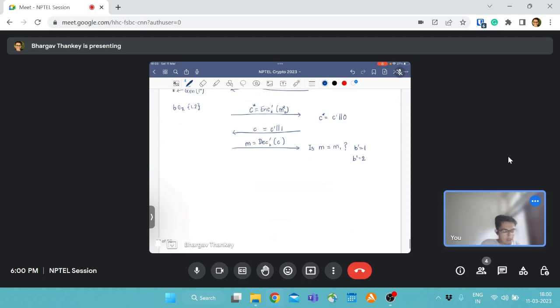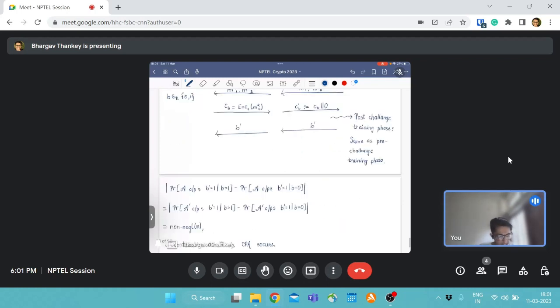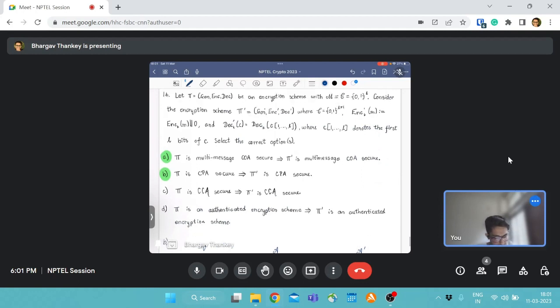Okay, so now my claim is that this probability is 1. And this is because of the following reason. Look at what the decryption scheme is doing. It's completely ignoring the L plus 1th bit, right?